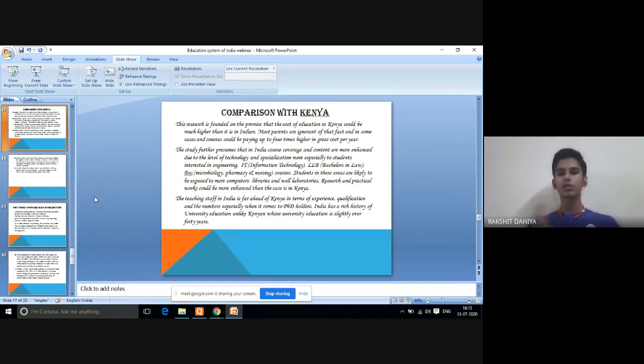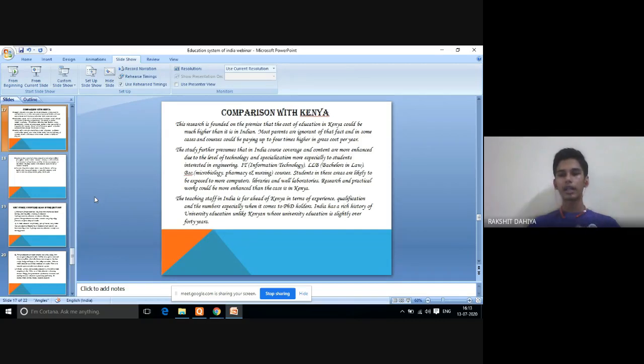The study further presumes that in India, course coverage and content are more enhanced due to level of technology and specialization, more especially for students interested in engineering, information technology, LLB, BSc, pharmacy, and nursing courses.